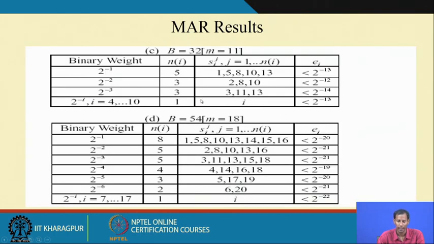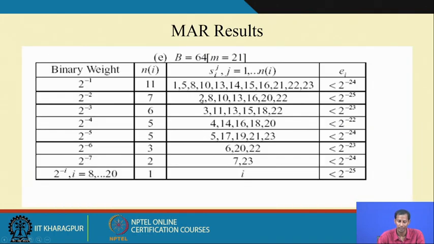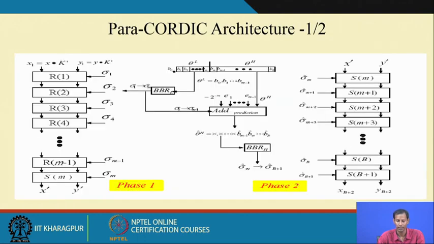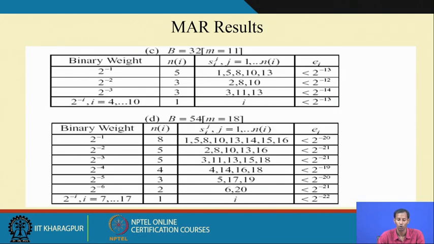Okay. And this is the result we are getting. That means for different numbers of bits, where m means the first 11 iterations are sequential, the rest 21 iterations run in parallel.